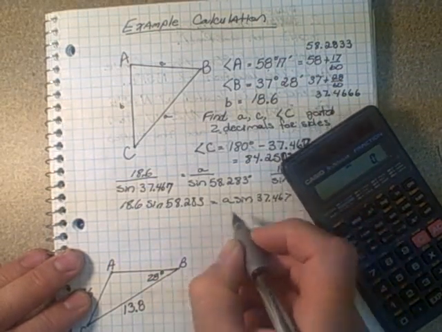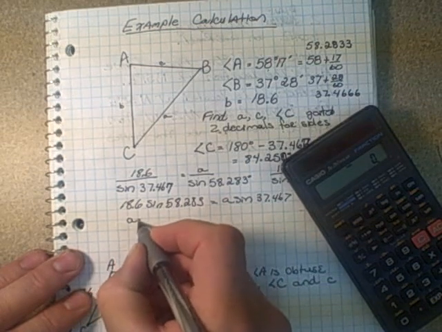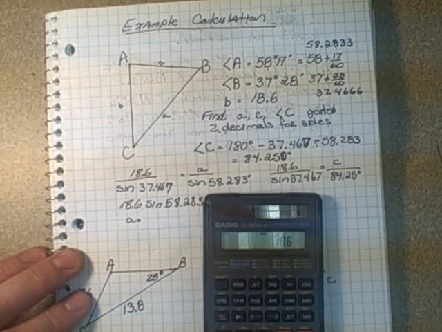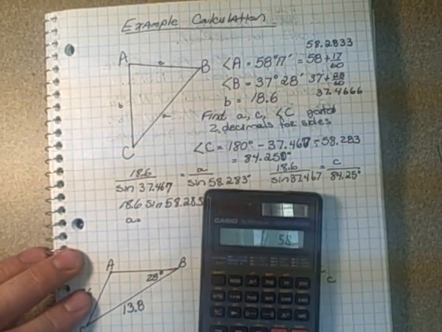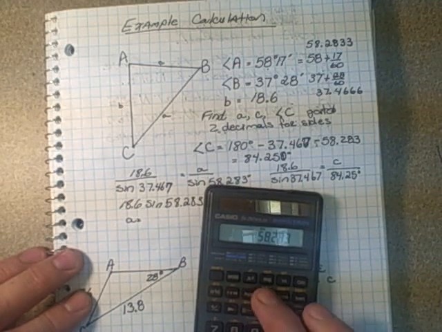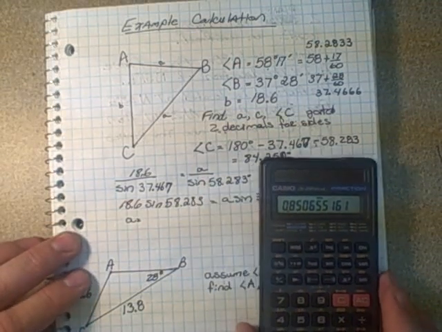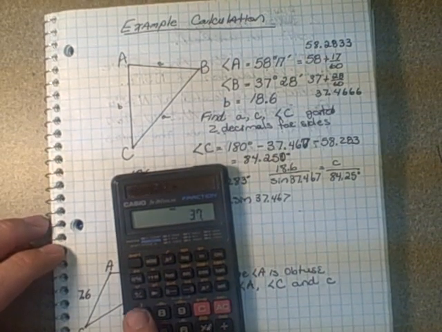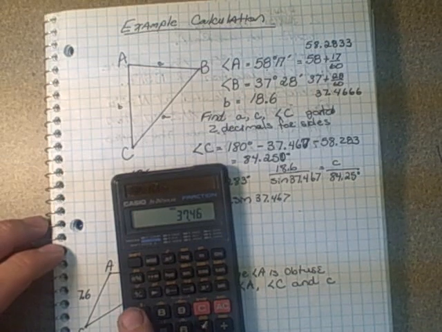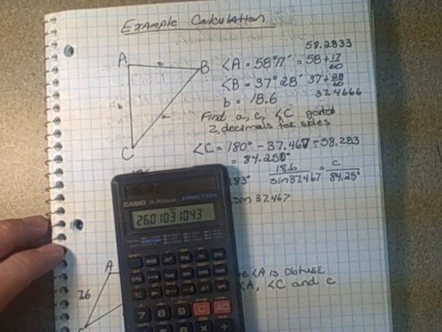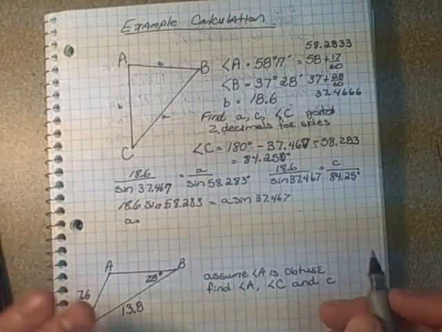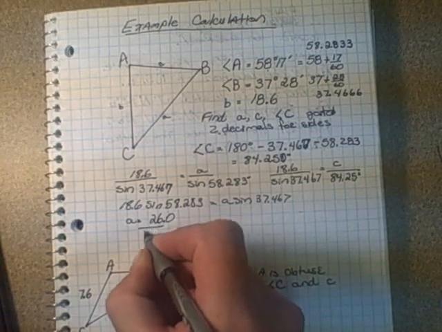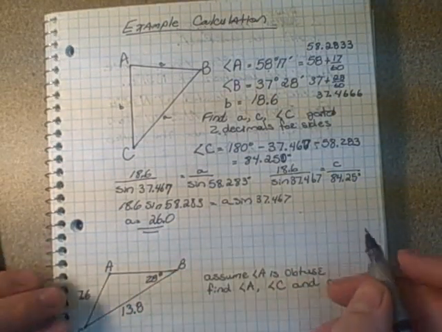And then you divide out the sines to get A. So in this case, I would have 18.6 times sine 58.283, and then divide by the other sine, sine 37.467, which equals 26.0. We'll go to one decimal place for A, and we can do a similar setup for C.